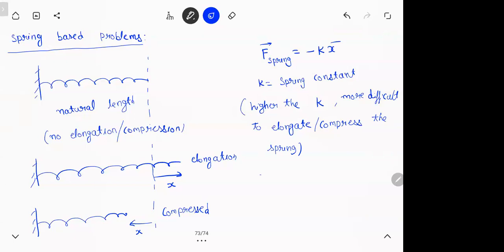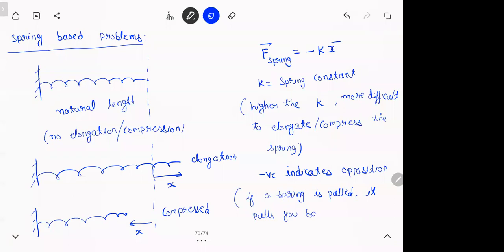And what about the minus sign? Negative indicates opposition to change. What do you mean by that? If you pull a spring, what will the spring do? It will pull you back. If a spring is compressed, if the spring is pushed, it will push you back.